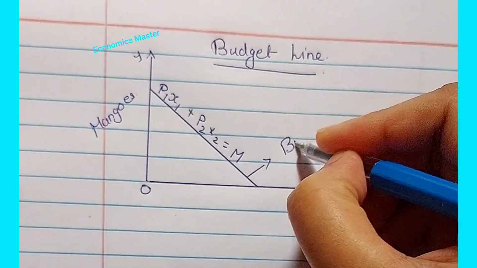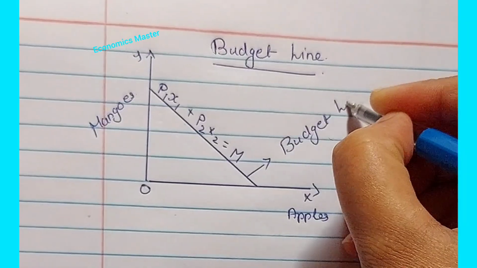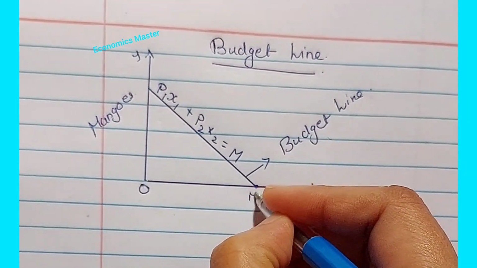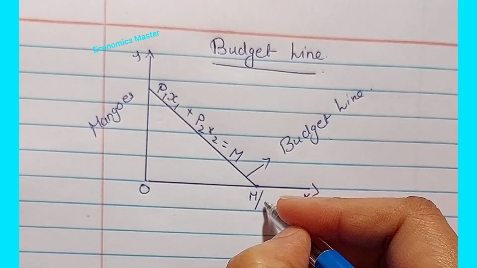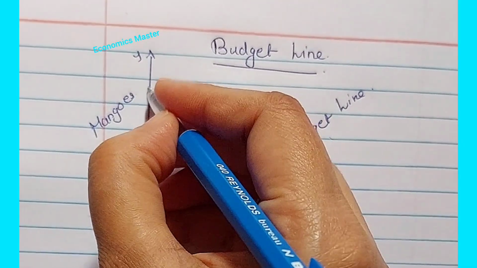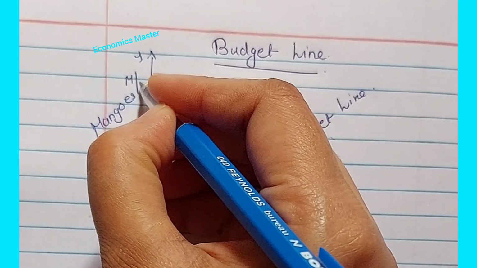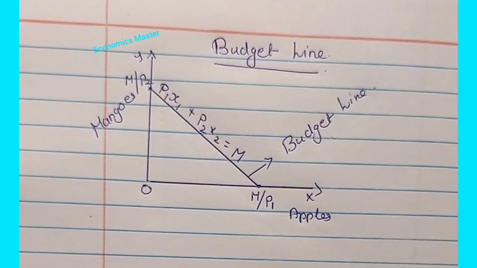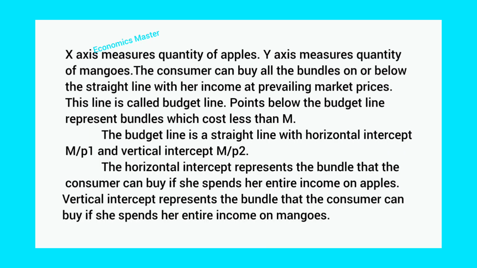Points below the budget line represent the bundles which cost less than M. Budget line is a straight line with horizontal intercept M by P1 and vertical intercept M by P2. The horizontal intercept represents the bundle that the consumer can buy if she spends her entire income on apples, and the vertical intercept represents the bundle that the consumer can buy if she spends her entire income on mangoes.